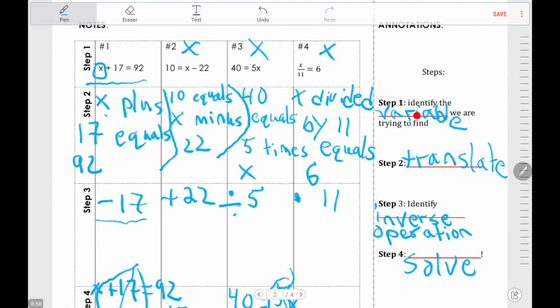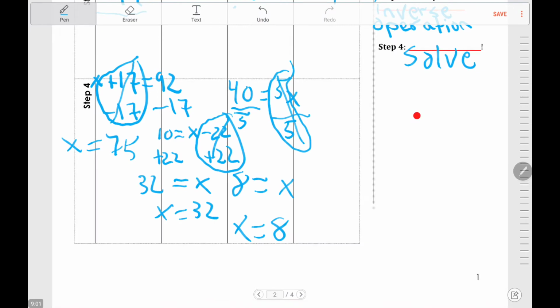Okay. And now we're almost here. So x divided by 11 equals 6. Okay. We're going to do times 11.